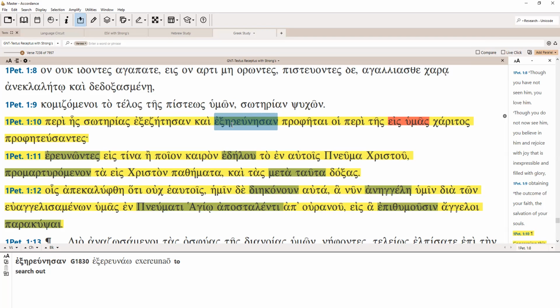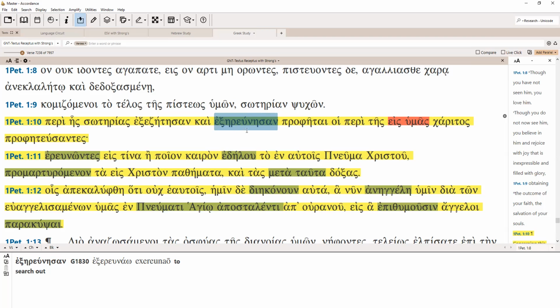So ex, and then as you can see below, it's ereunao. So we have two epsilons, which of course make the eta before the rho here. And then we also have eta, and then san, which is also, of course, a third person plural. This is where the alpha gets assimilated into the eta, and so it just disappears.